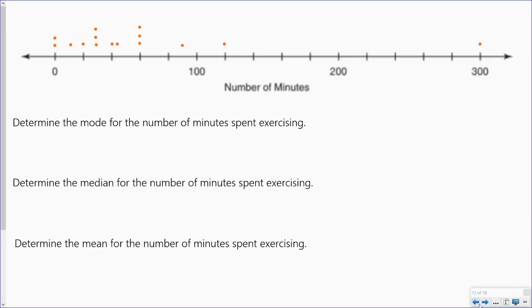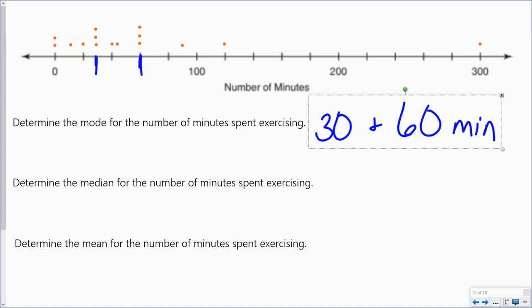So determine the mode for the number of minutes spent exercising. When I do that, my mode would be looking like here and here, which is 30 and 60 minutes.